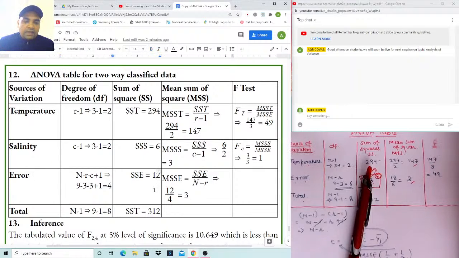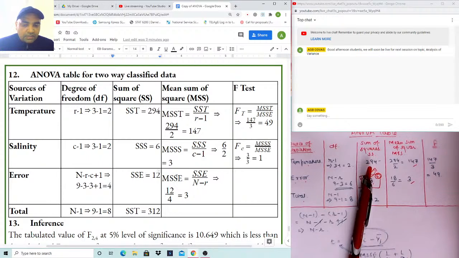So what I want to tell you here is that if you can design your experiment in such a way that you can classify your data properly into an ANOVA table, then you can extract the information that out of the total variation, that is this 312, how much can be ascribed to factor 1, to factor 2 or some factor 3, and the remaining which cannot be ascribed to some factor will go into the error component.